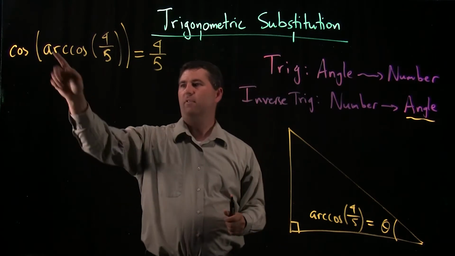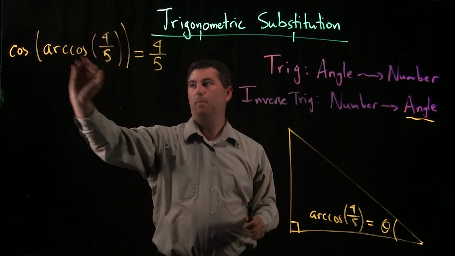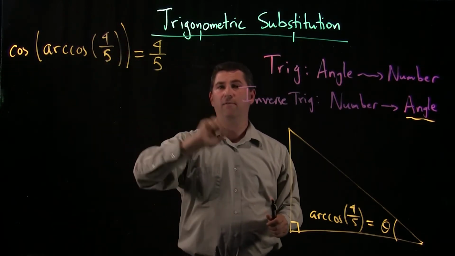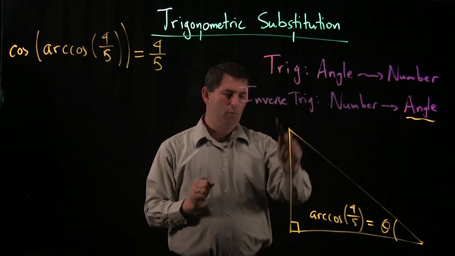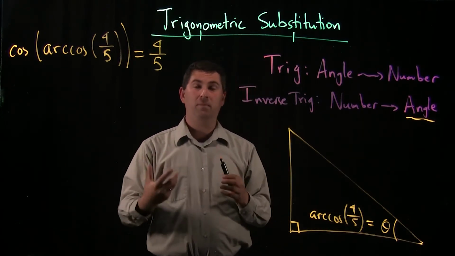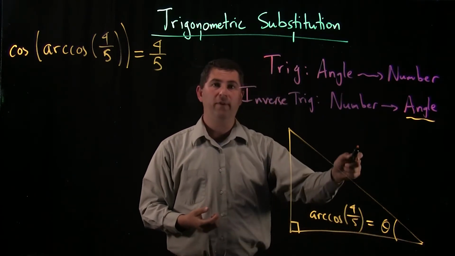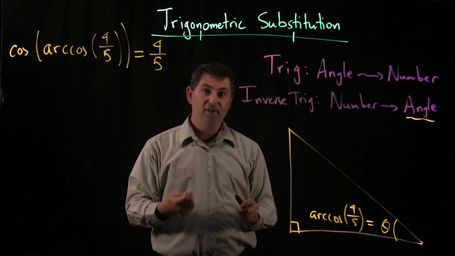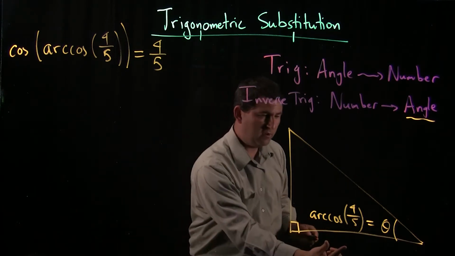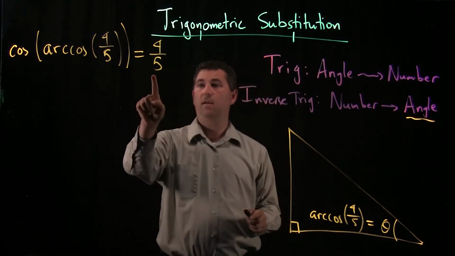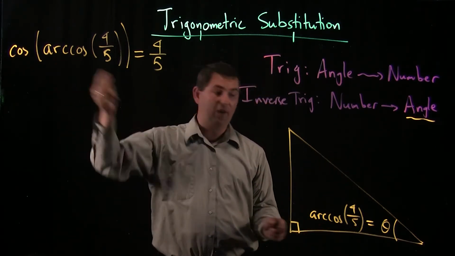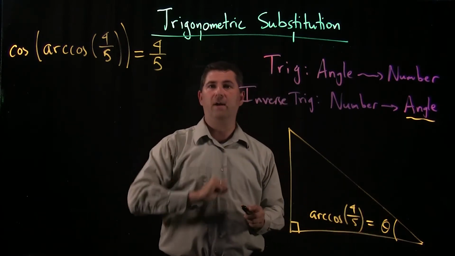So whatever this angle theta is, when I apply cosine to it, I get 4 over 5. Now, in a right triangle, the way we normally computed the cosine was by taking the adjacent side over the hypotenuse. So in this case, I would want the adjacent over the hypotenuse to be 4 over 5, because the cosine of this angle is 4 over 5.